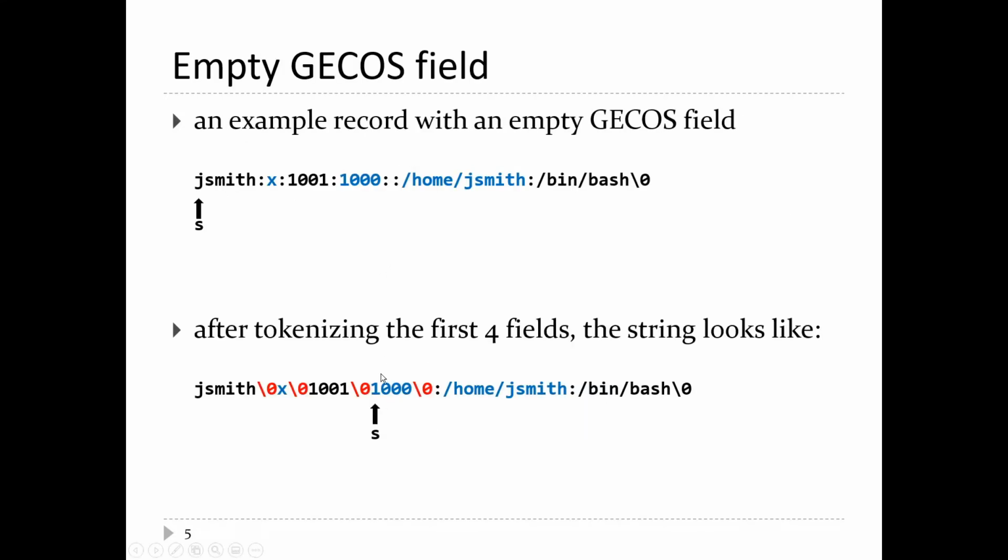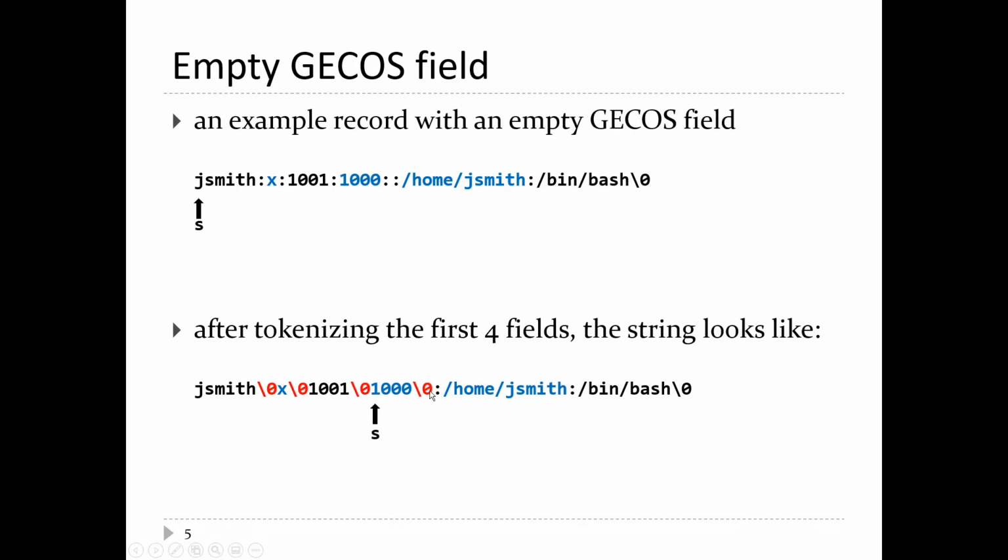We've processed everything up to but not including the GCOS field. So I know that the string that's currently stored in str is the string 1000 null terminator. I know that the length of the string is 4. So if I go and look at the 1, 2, 3, 4, the 5th character after the S, if that's a colon, then I know that the GCOS field is missing.